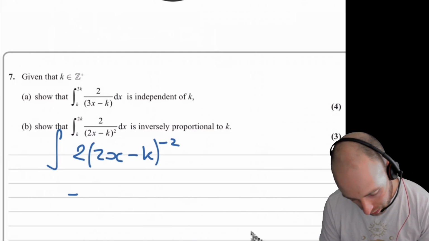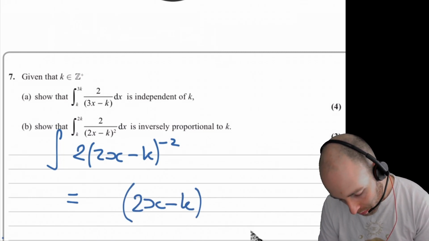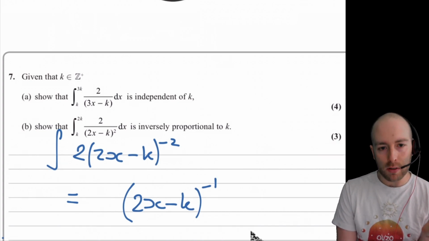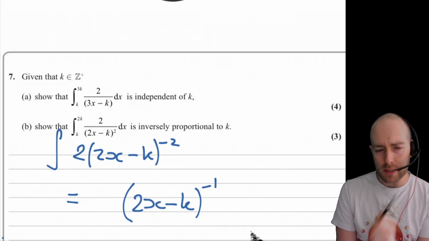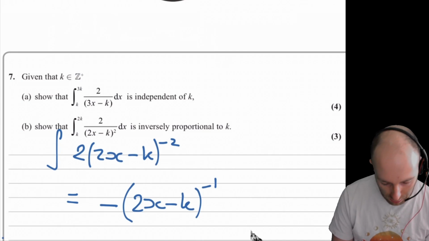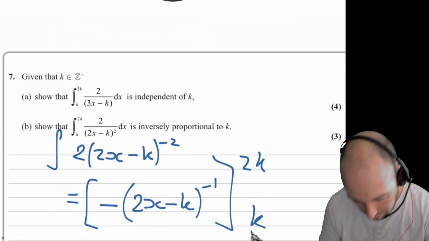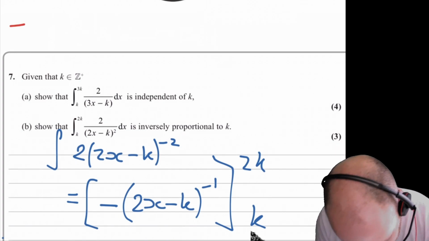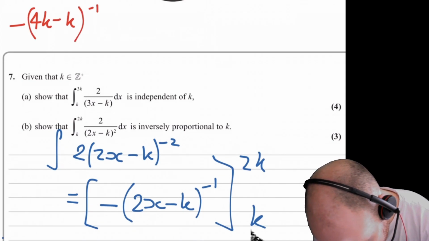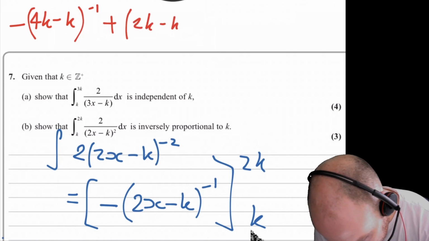So we're going to get equals 2x minus k to the minus 1. And if we differentiate this to check, we'd get 2 out the front, which we do want. We'd also get a minus out the front, which we don't want. So we need to put a minus in to counteract the minus we don't want. Then we can put our limits in, 2k and k. So we're going to get minus 4k, take k to the minus 1, take away minus plus 2k, take k to the minus 1.